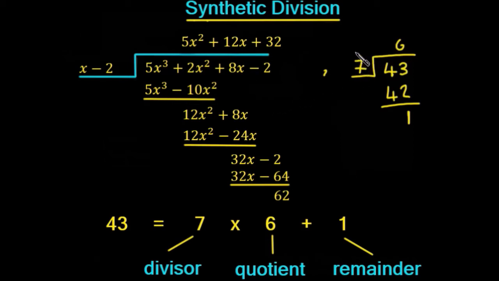We have the divisor, we have the quotient, and we have the remainder. So in this instance here we can see that the divisor is x minus 2, the quotient is 5x squared plus 12x plus 32, and the remainder is 62.